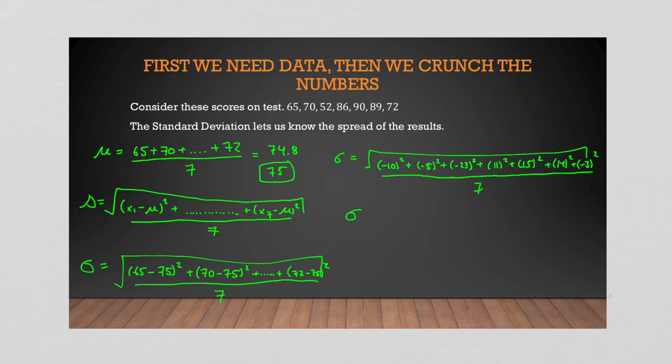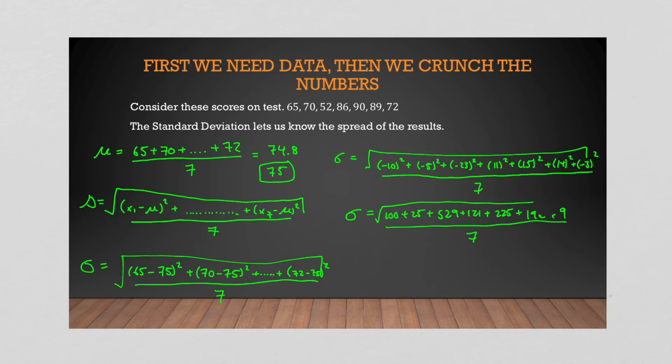So we get the standard deviation, and now we can kind of total these out. 100 plus 25 plus 23 squared, which is 529, plus 121 plus 225 plus 196 plus 9, all divided by 7, and yeah, all still underneath your radical.